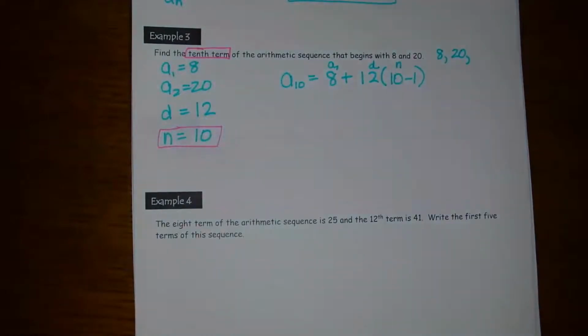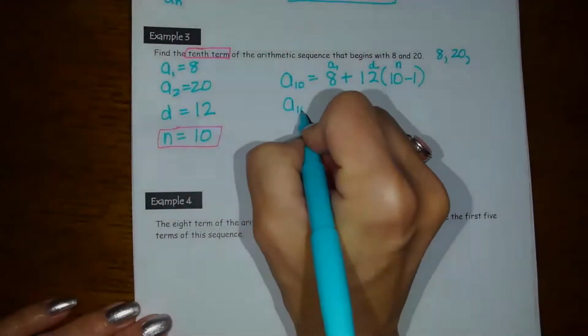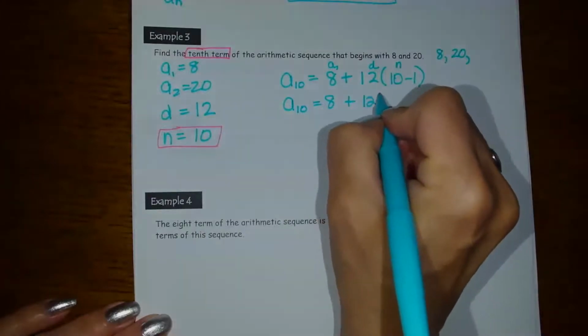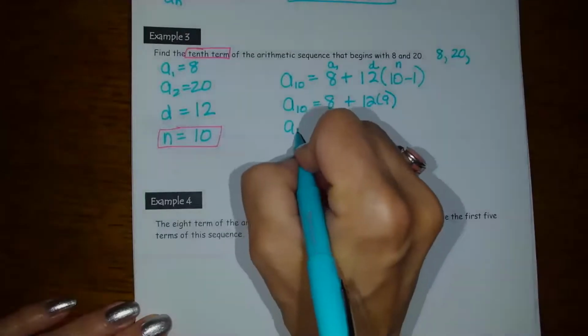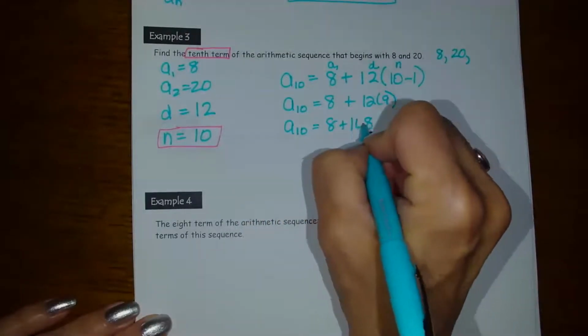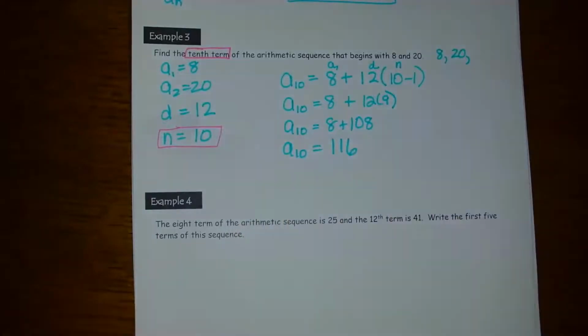Label those. These are really easy, but you have to know what number is what variable. Now we'll just finish this up. There we go.